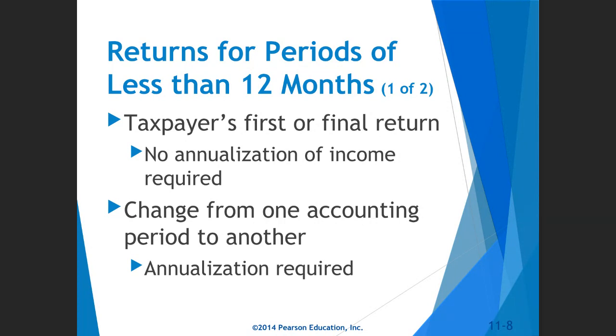For taxpayers filing an initial tax return, a taxpayer's final return, or corporations filing their last return, they are not required to annualize the year's income, nor are personal exemptions or tax credits prorated. So these returns are prepared and filed.